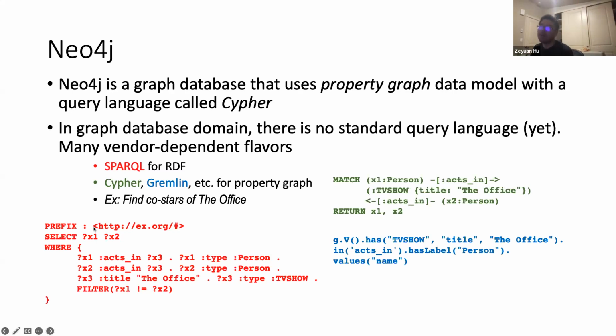For SPARQL, we would probably write something like this. I don't really go into that detail. Then we have Cypher, which is written something like this, and then we have Gremlin. As you can see, those are very different flavors to express the same query. Today we're going to focus on this green one, which is in some ways similar to the rest.